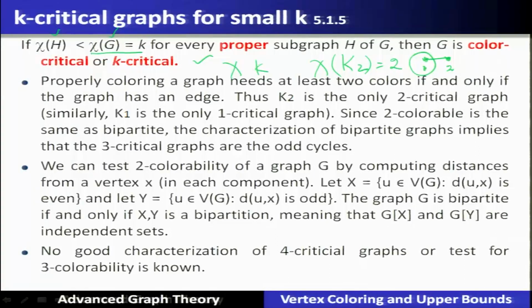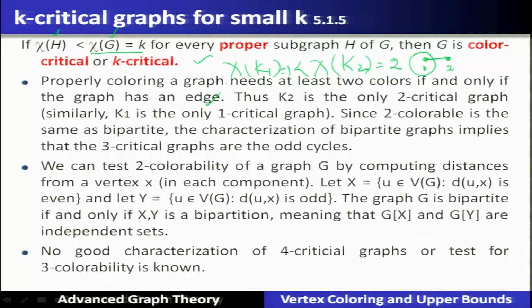So the chromatic number of K1 is 1, and that is less than K2. So proper coloring needs at least 2 colors if and only if the graph has an edge. Thus K2 is the only 2 critical graph here. Similarly K1 is the only 1 critical graph.